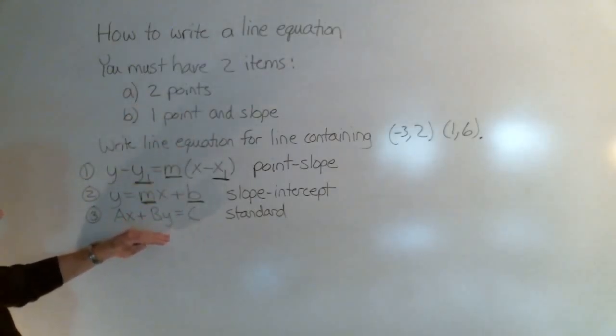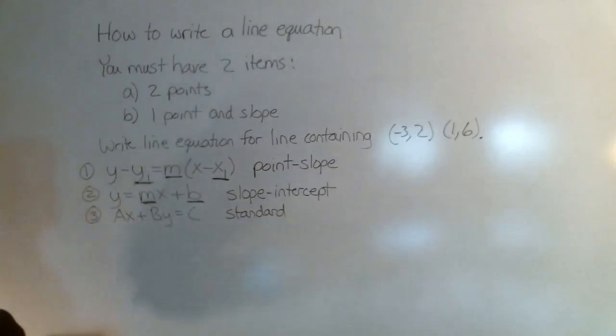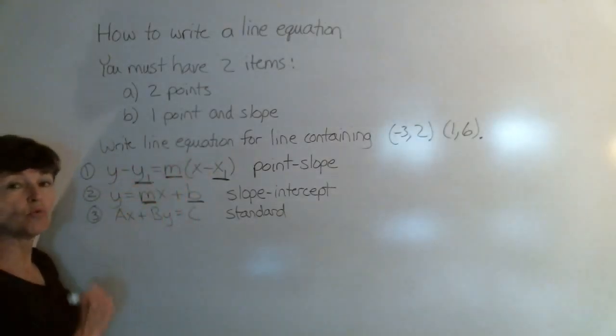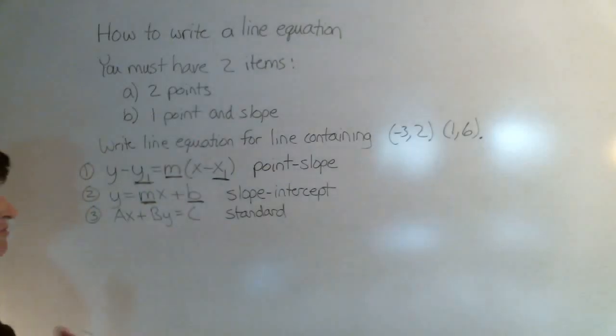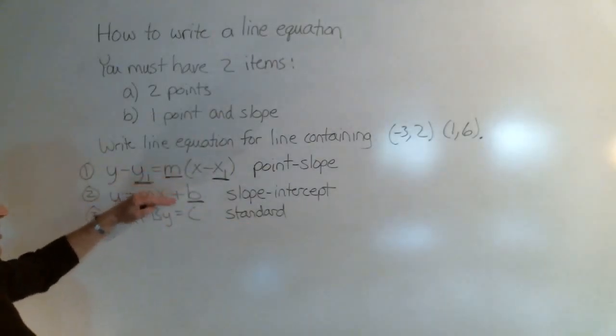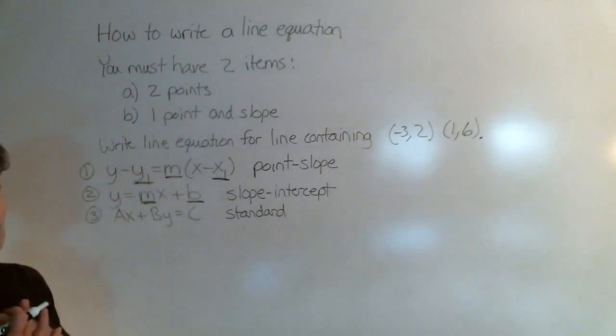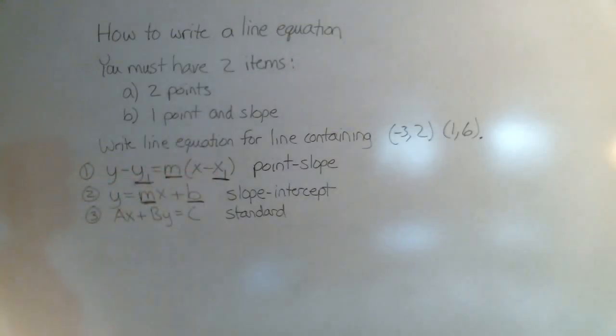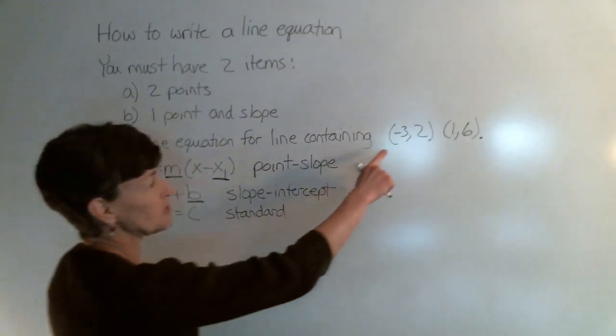We have to get our line equation in this form after we've already obtained it in one of the other 2 forms. So if you want your line equation to be in standard form, you have to start in one of these other 2 places first.